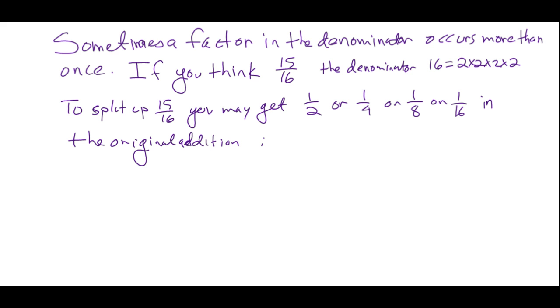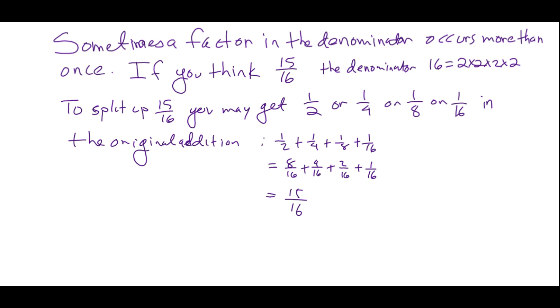So if I had a half plus a quarter plus 1/8 plus 1/16, that would be equal to 8/16 plus 4/16 plus 2/16 plus 1/16, which is actually, hey, 15 over 16. So this could have been the original addition you were given.